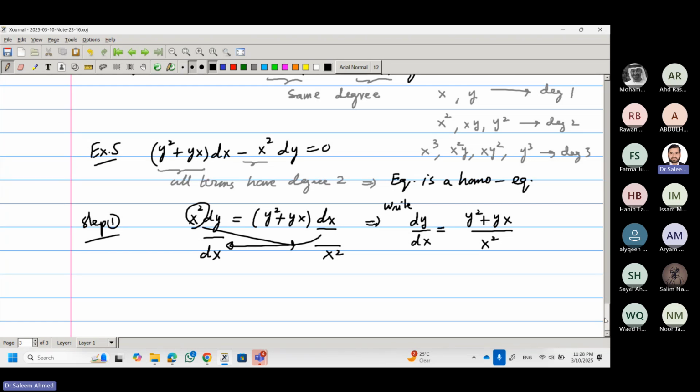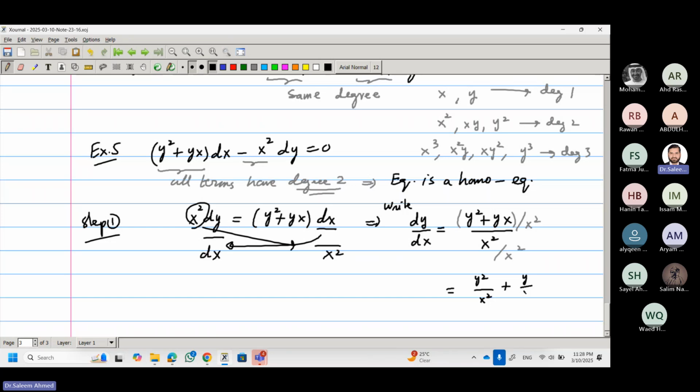Okay. Then you divide the right hand side because they all have the same degree, degree 2. You divide all the terms by x square. You can maybe call it step 2. So it becomes y square by x square plus 1, x is cancelled.